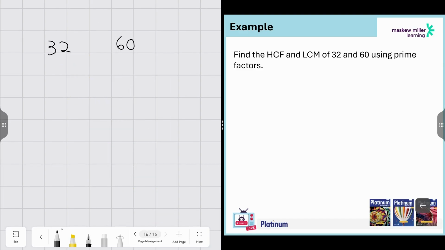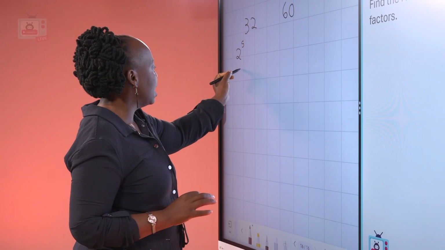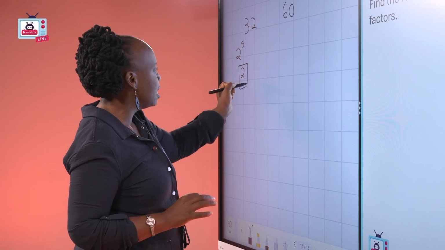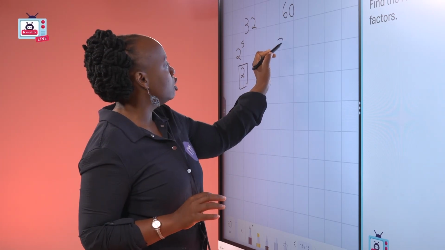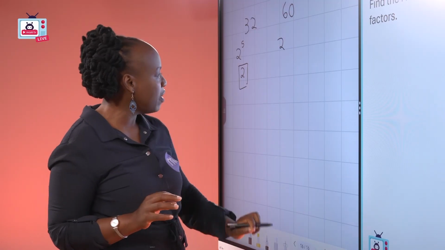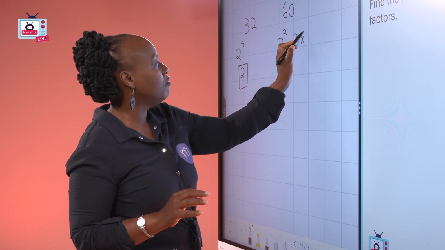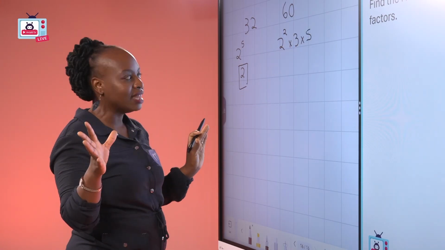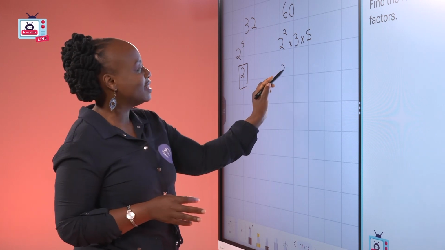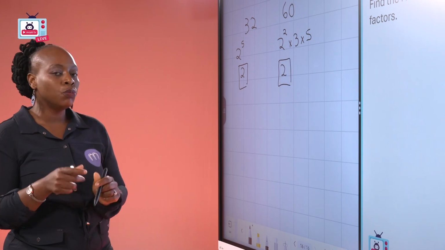So for 32, we already have 2 to the exponent 5. Then for 60, you had 2, another 2, you have 3, and you have 5. So that is 2 squared, and you have 3, and you have 5. But the common number in all this is literally just 2. So therefore, the common factor will be that 2.